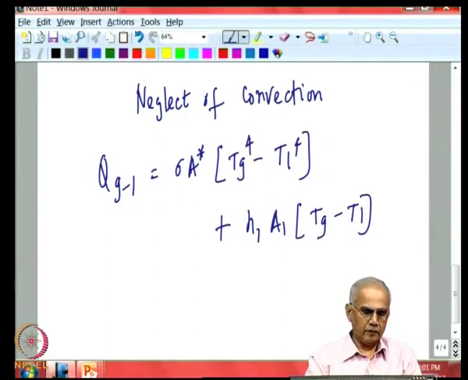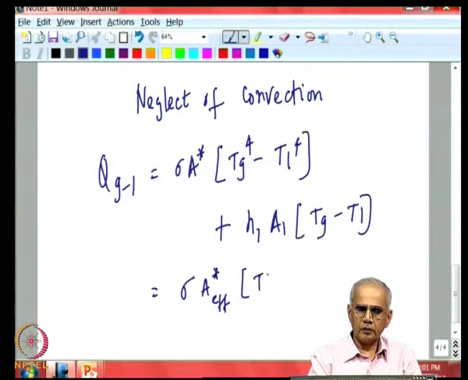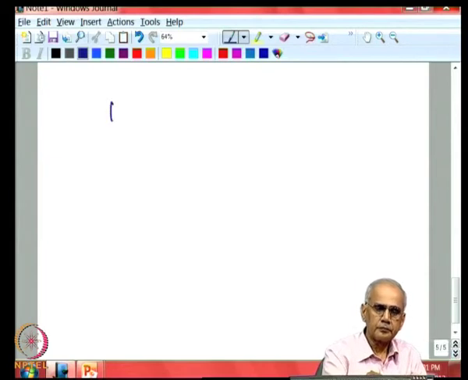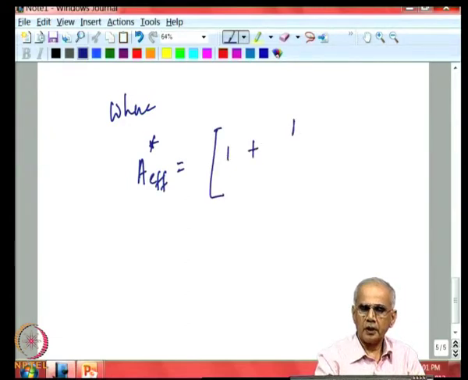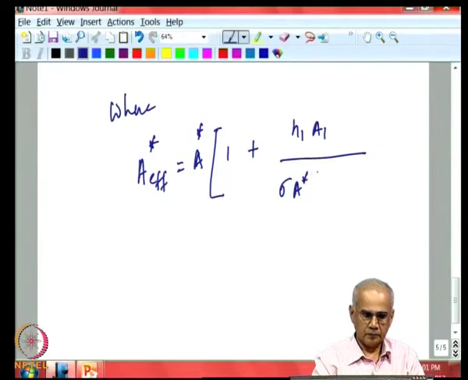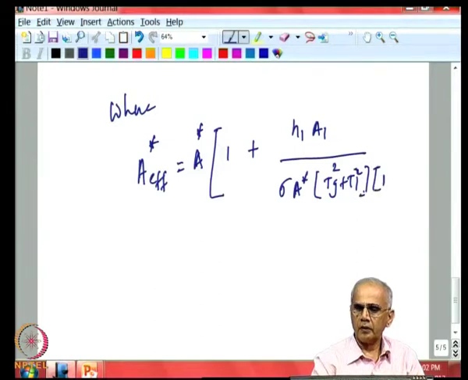redefine our A. We can define this as equal to sigma A star effective into T to the power of 4 minus T1 to the power of 4, where A effective star will be equal to one plus h1 A1, rather A star into sigma A star, T g squared plus T1 squared into T g plus T1.